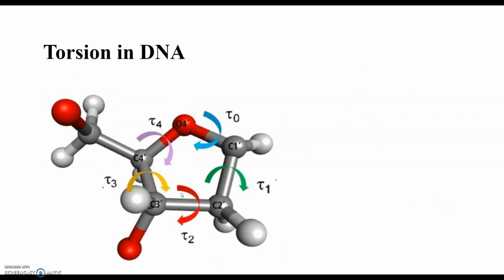So what scientists have found using technology is that this DNA, as it's being twisted naturally, is experiencing a torque as well. And therefore, the DNA is experiencing torsion. Now, it's experiencing torsion molecularly at each of its bonds.